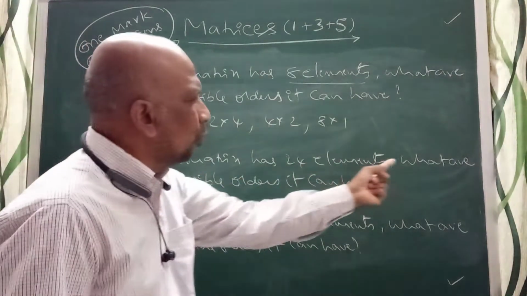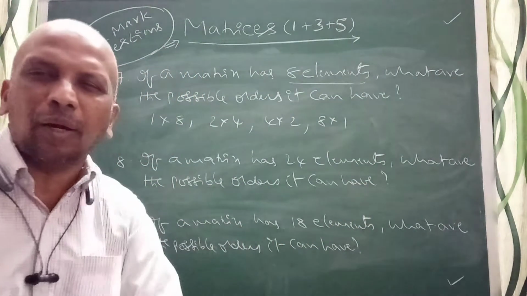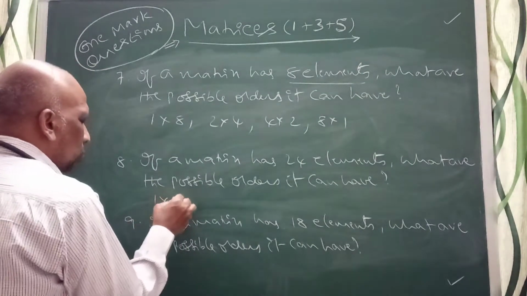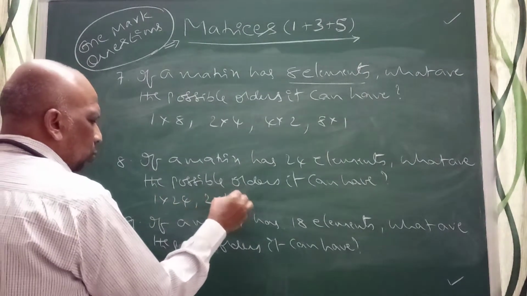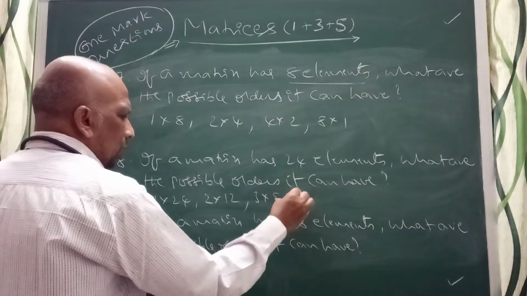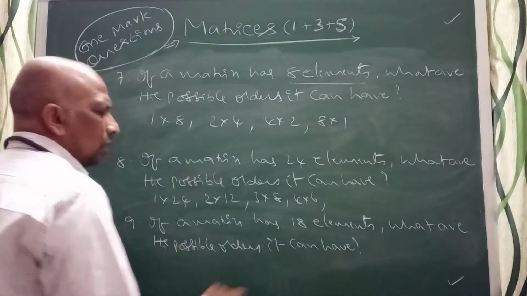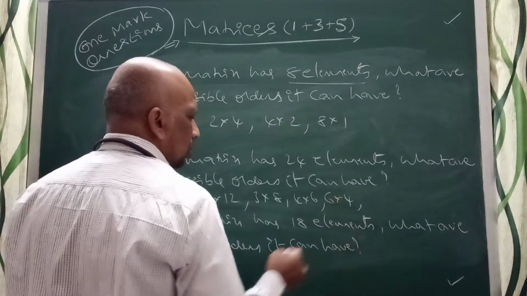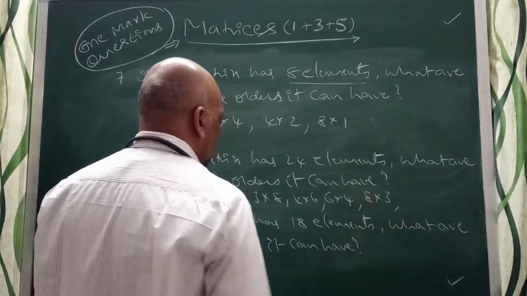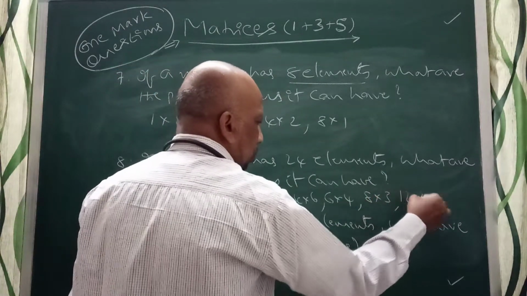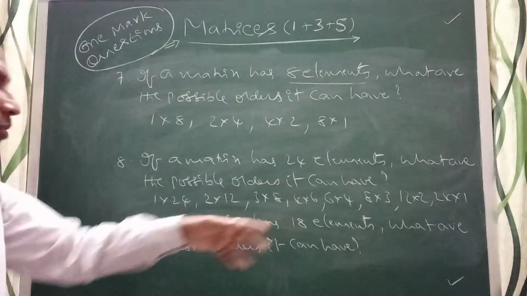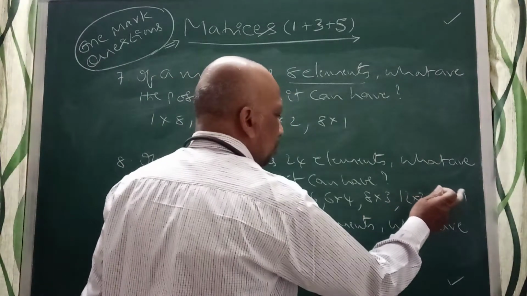Now coming to this one: it has 24 elements. What are the possible orders it can have? You can write 1 by 24, 2 by 12, 3 by 8, 4 by 6, 6 by 4, 8 by 3, 12 by 2, and 24 by 1.